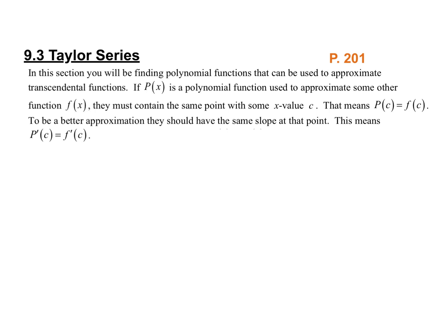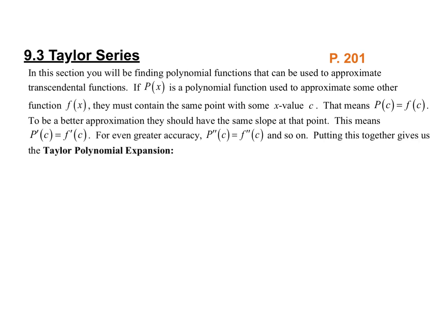As we look at more and more of those derivatives, our polynomial will get closer and closer to the function. And that's kind of what the Taylor polynomial is. When we put that together, we get what's called a Taylor polynomial expansion. And so here's what the Taylor polynomial looks like.